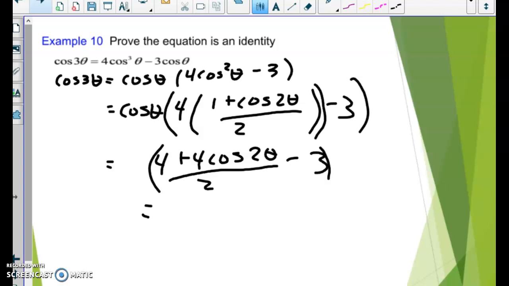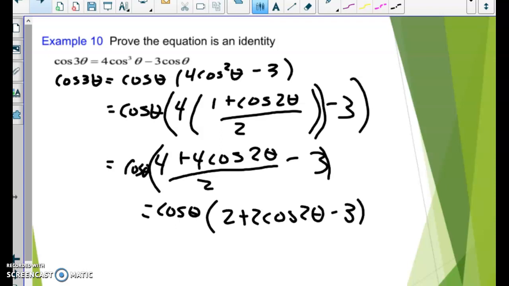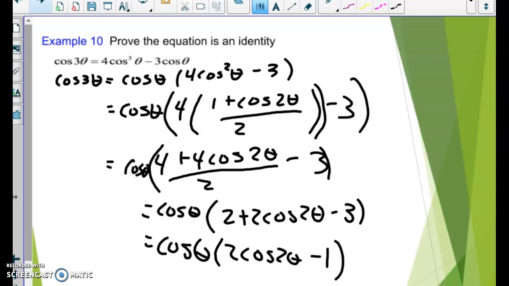A little bit further. And dividing everything by 2, 2 plus 2 cosine 2 theta minus 3. I'm going to put the 2 and the negative 3 together, so I get 2 cosine 2 theta minus 1.